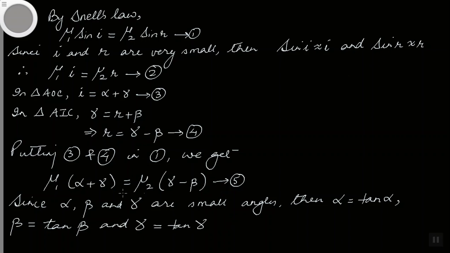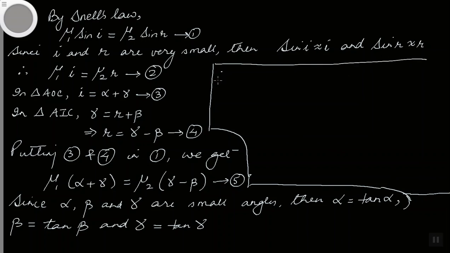So instead of alpha here, we will write tan alpha. Therefore, equation 5 will give us μ1 (tan alpha plus tan gamma) is equal to μ2 (tan gamma minus tan beta).